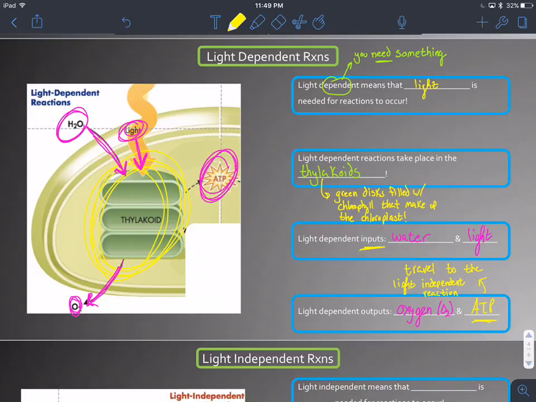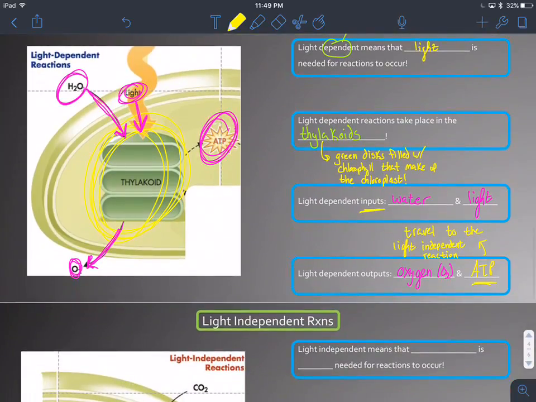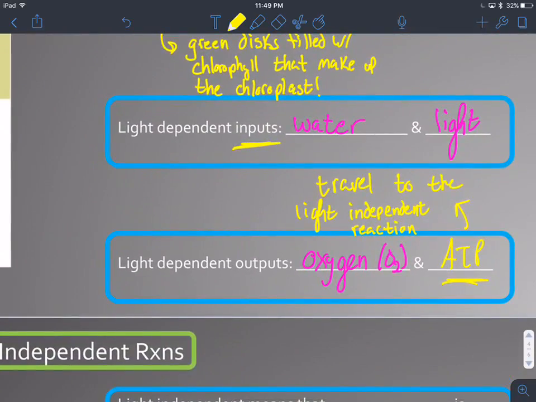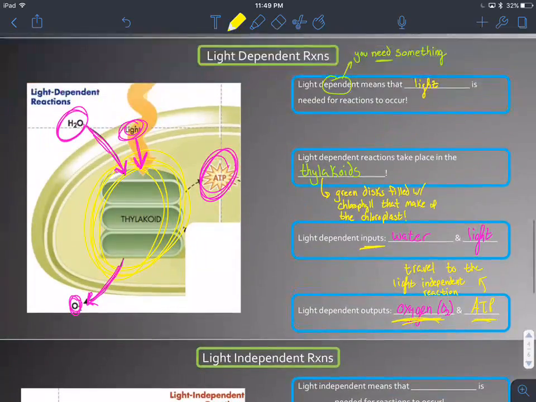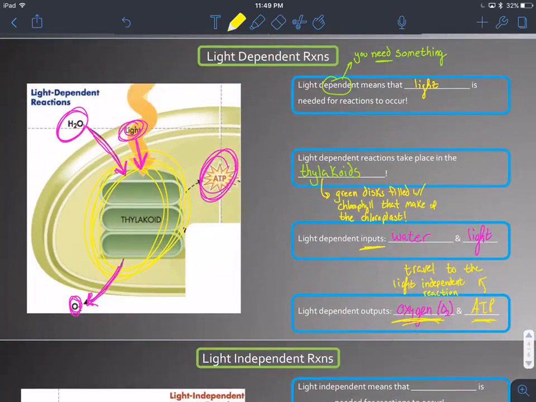All right, so the ATP is actually very, very important, and without it, we actually wouldn't be able to have the light independent reaction, okay? And the oxygen is important because that's what we breathe. So without photosynthesis, we actually wouldn't have enough oxygen to breathe ourselves. So these light dependent reactions are super, super important. And remember, dependent means they need light.